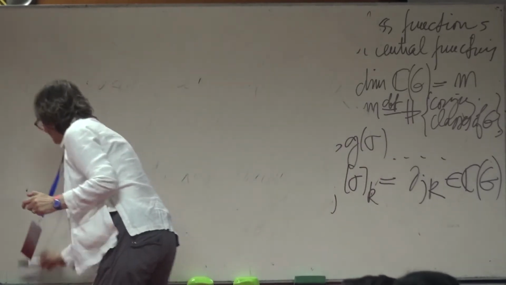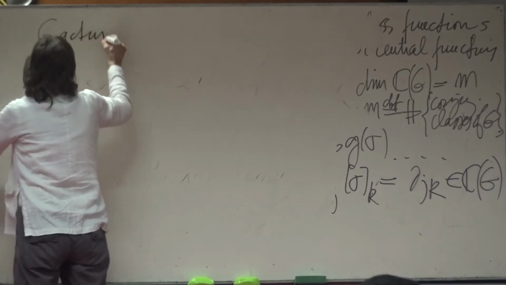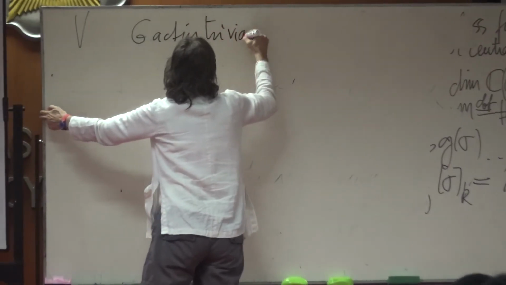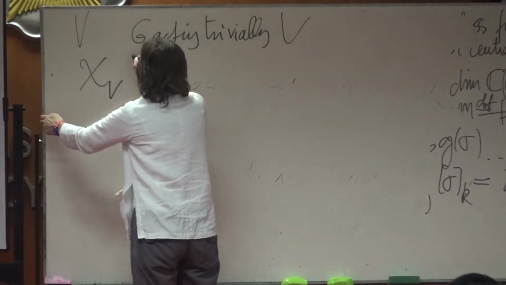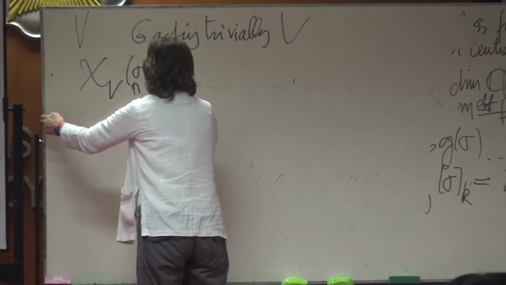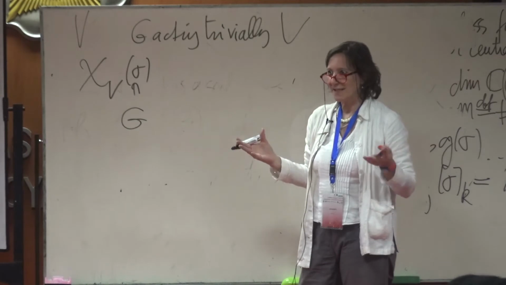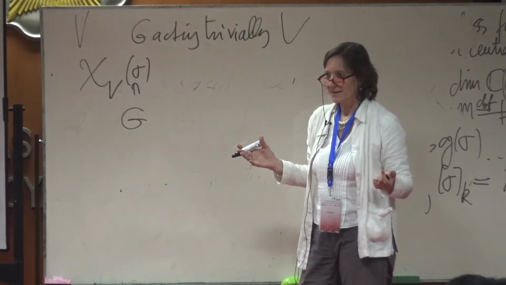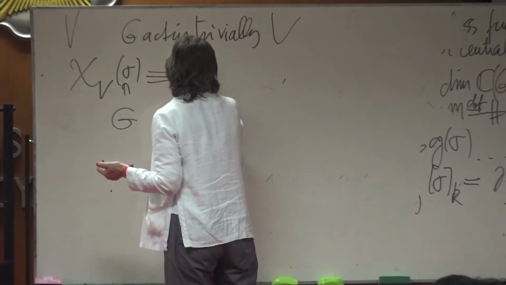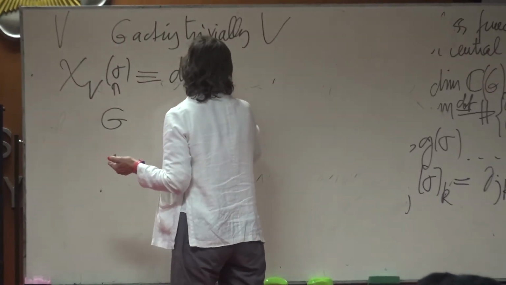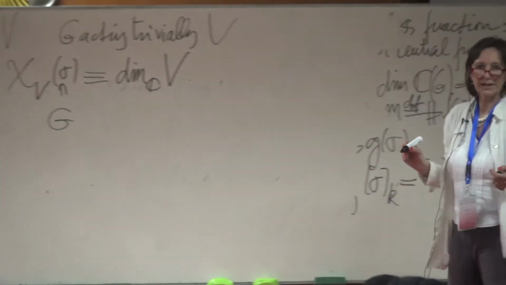If I have V and G acting trivially on V, then the character is identically equal to the dimension of V, right? Agree?